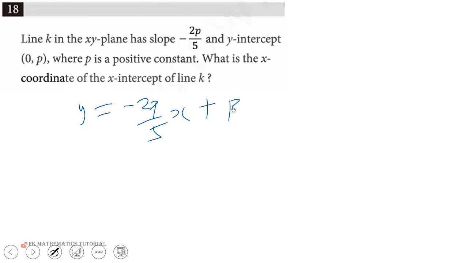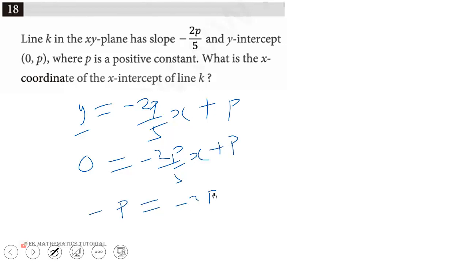So what is the x-coordinate of the x-intercept? So at the x-intercept, y is equal to 0. So we put 0 here. 0 is equal to negative 2p over 5 x plus p. So subtract p from both sides. So negative p is equal to negative 2p over 5 x. So multiply both sides by negative 5 over 2p.